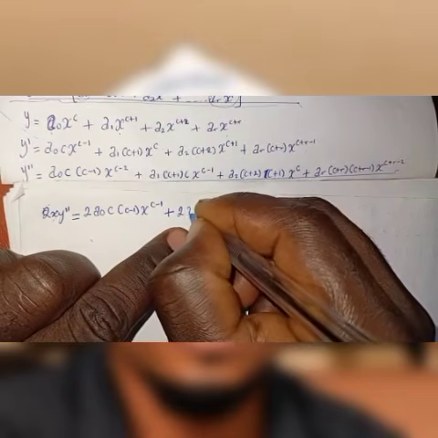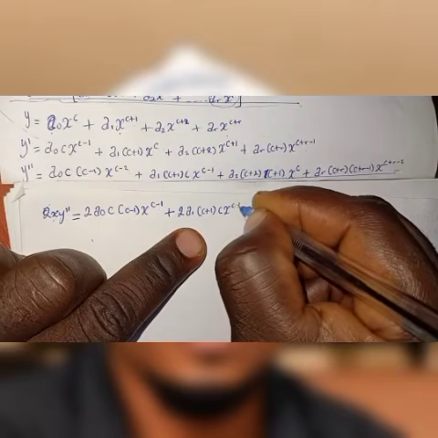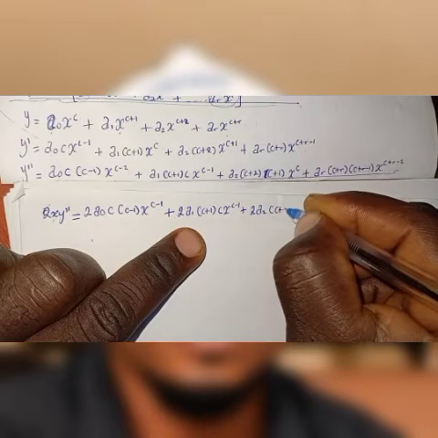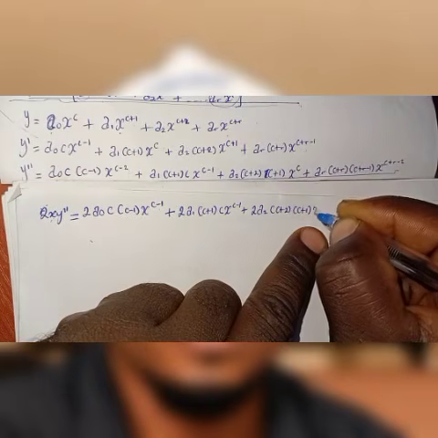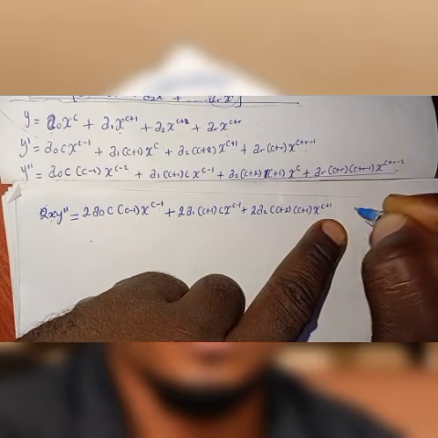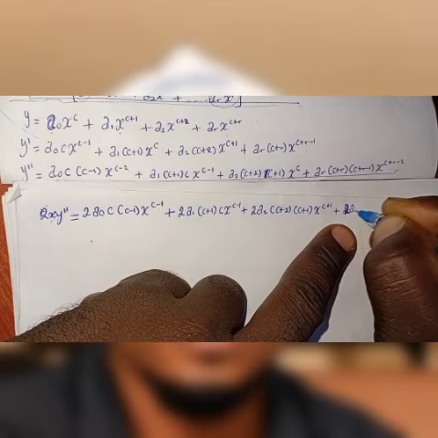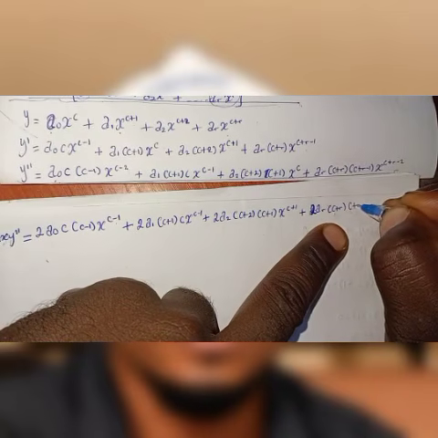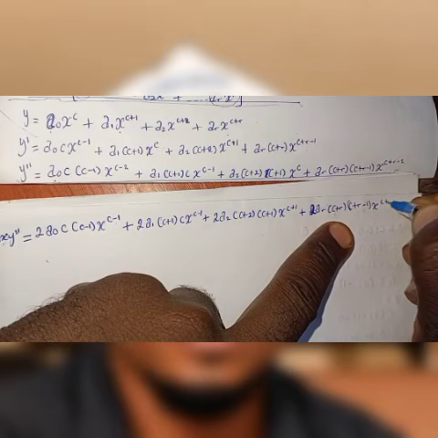Now plus 2 a1 c plus 1 c x raised to power c minus 1 plus 2 a2 c plus 2 c plus 1. Then this will be x raised to power c plus 1 plus a2 ar c plus r c plus r minus 1 x raised to power c plus r minus 1. So that's for that one.